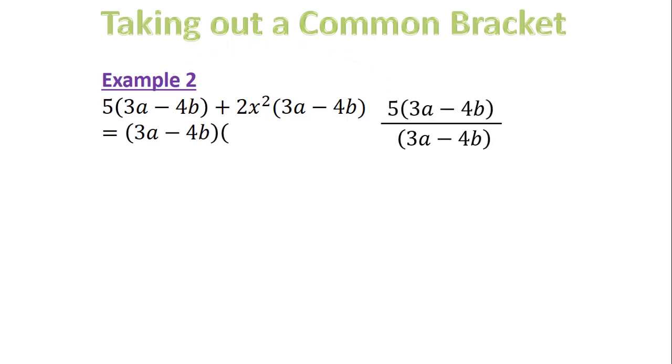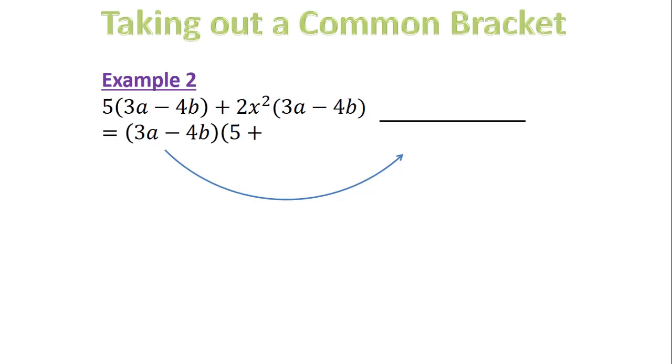And now we can look at cancelling. So our common bracket goes into the bottom once and into the top once. And so can you see we're left with just 5. Then plus. Now again, we set up our fraction. In the denominator, we have our common bracket.